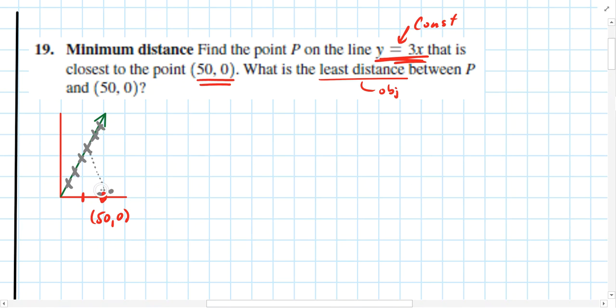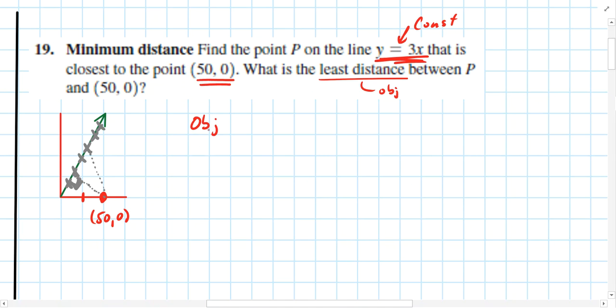But we can't just arbitrarily pick values that are super close to that point, because that really defeats the purpose. We're being told that the point has to exist on this line, and that is our constraint. Now, if you know anything about geometry, you might have an idea of where the point should exist. I'll leave this here as a bit of a hint, and let's see if we can actually locate that using some calculus. So back to the word problem.